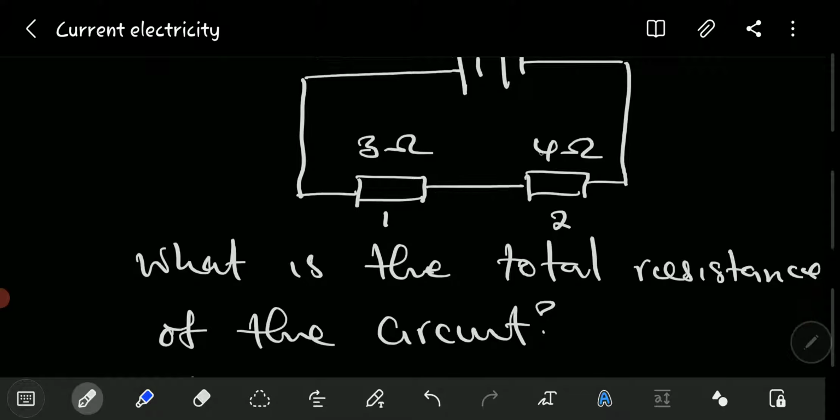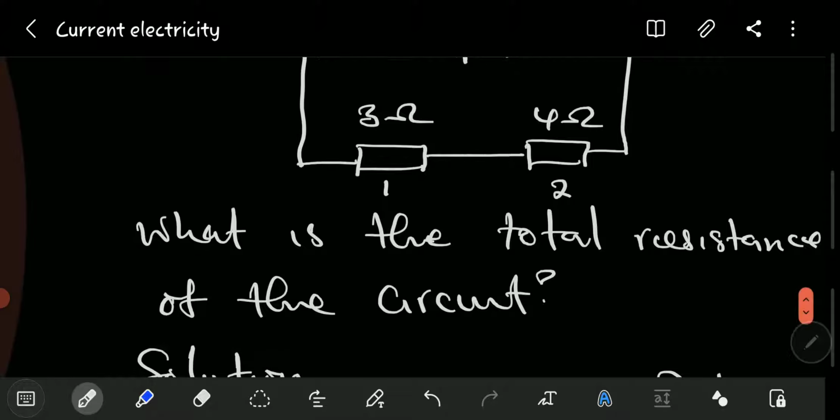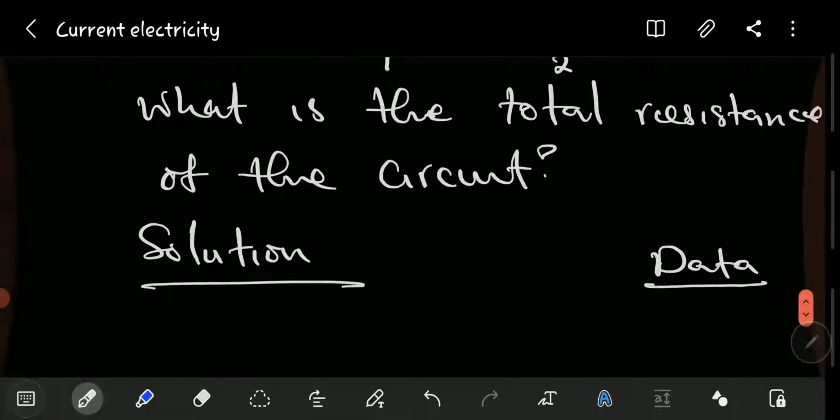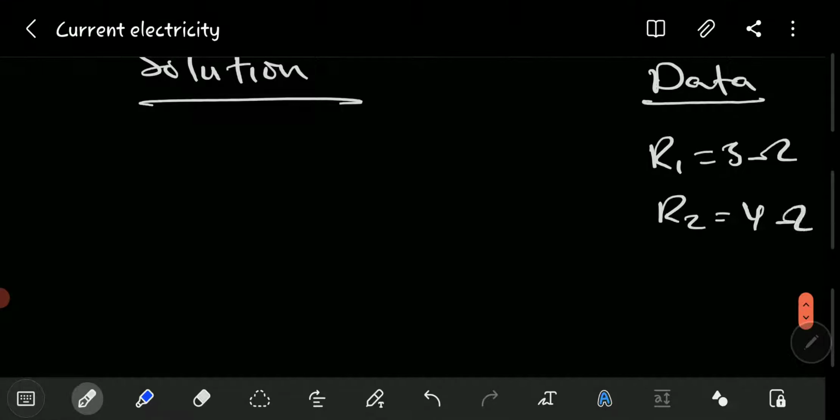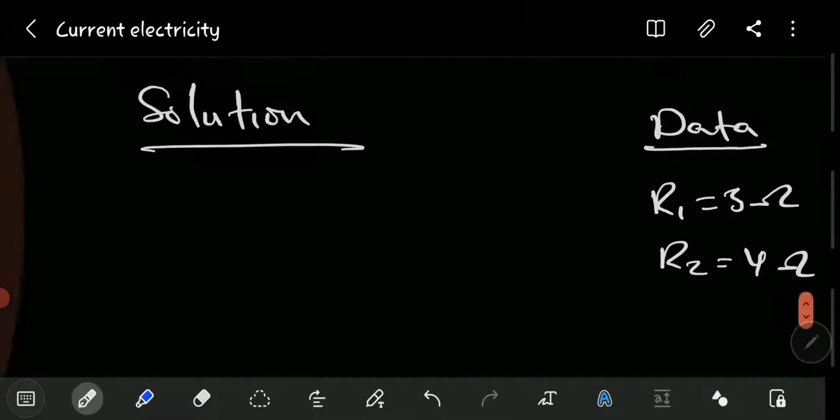Any of the two can be the first resistor. In our particular case, the first resistor has a resistance of 3. So we can say R1 is equal to 3 ohms, R2 is equal to 4 ohms. So we only have 2 resistors.